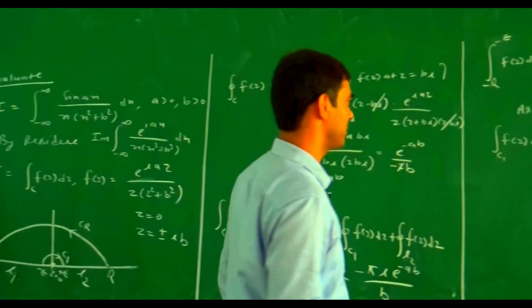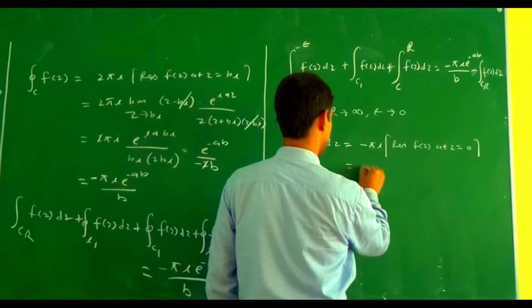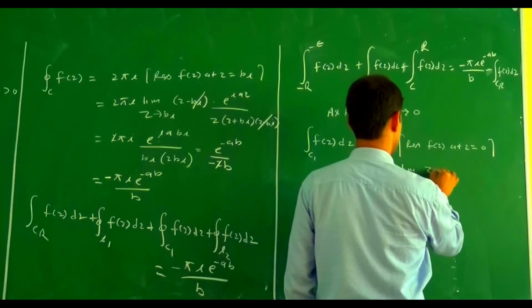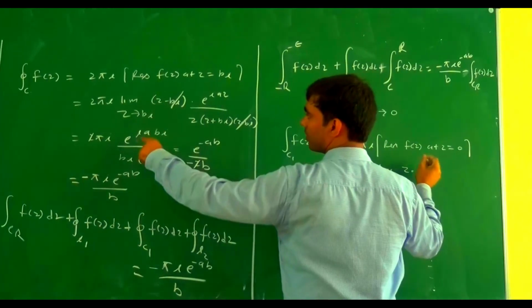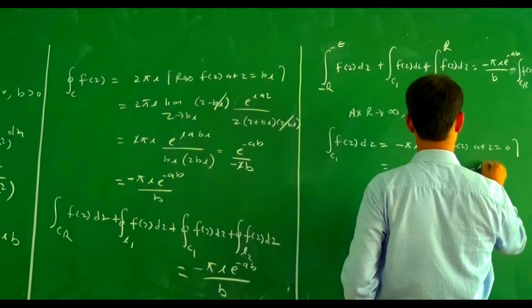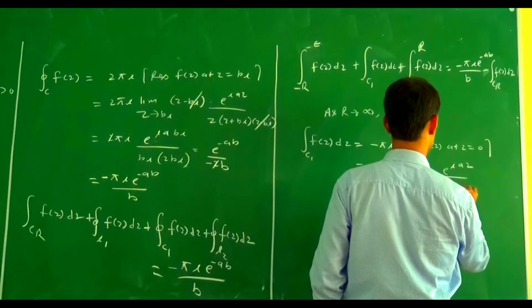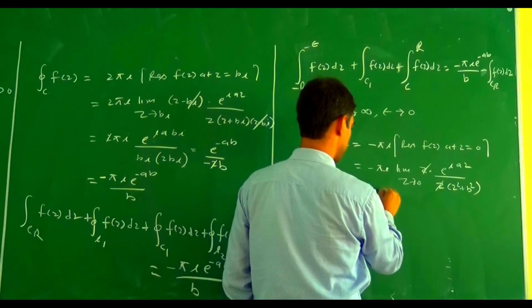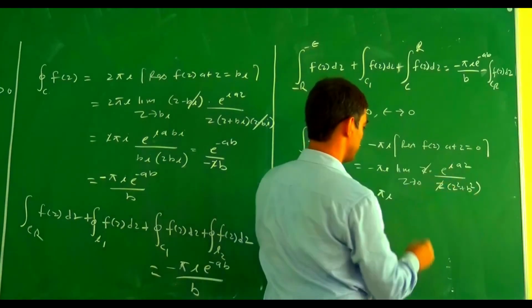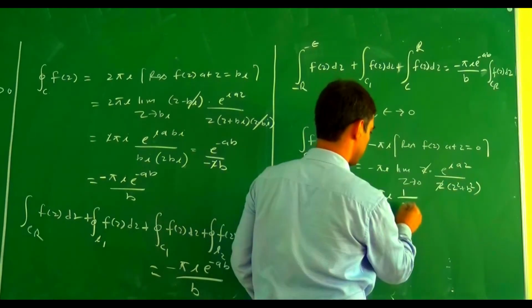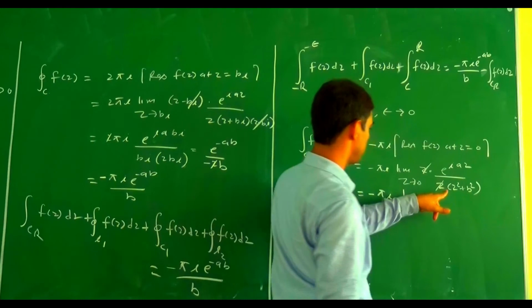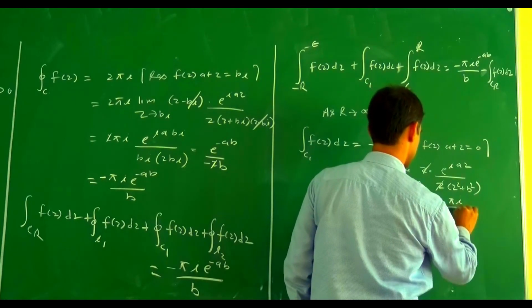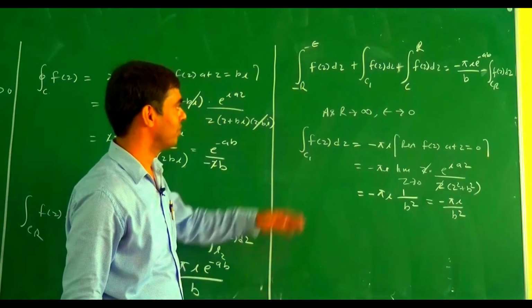So the residue at this point becomes minus pi i times the limit as z tends to 0 of z times e to the power i a z divided by z times (z squared plus b squared). The z cancels out, and as z tends to 0, e to the power 0 is 1, leaving b squared. So the value becomes minus pi i divided by b squared.